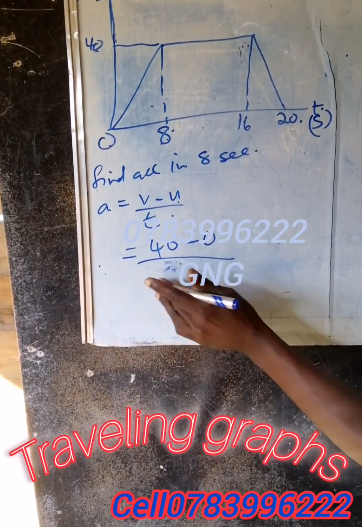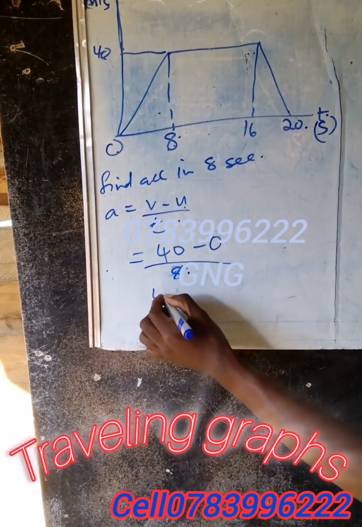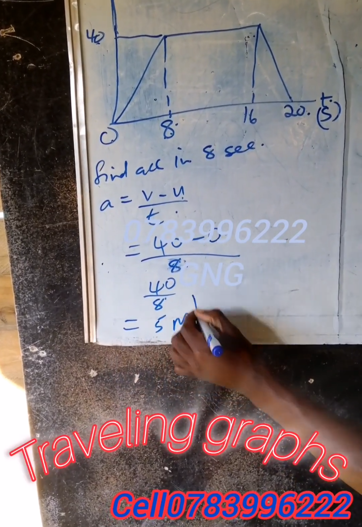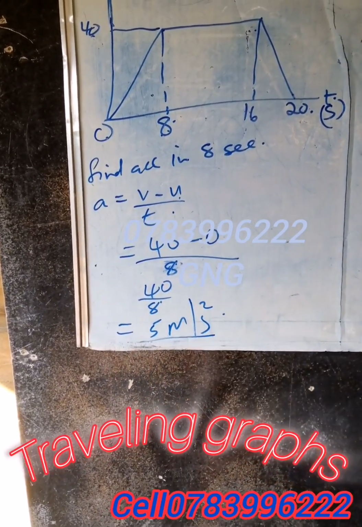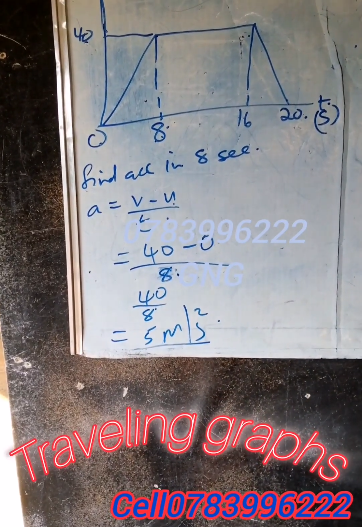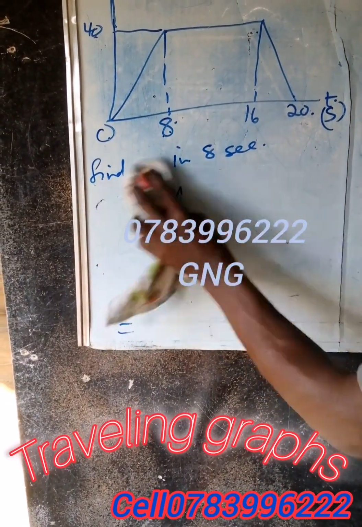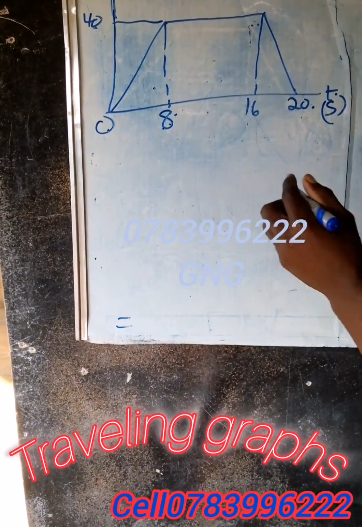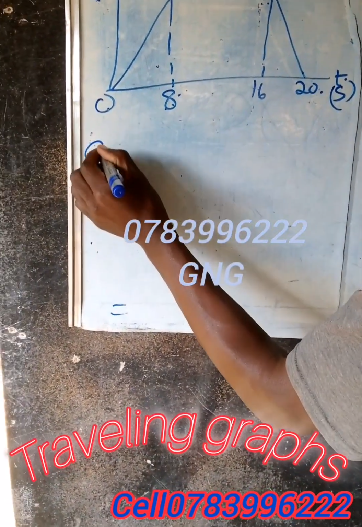So it will be 40 over 8, which is 5 meters per second squared. So this is our acceleration. Acceleration is measured in meters per second squared.